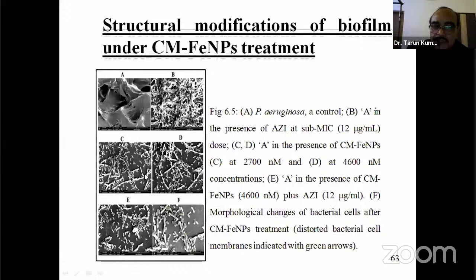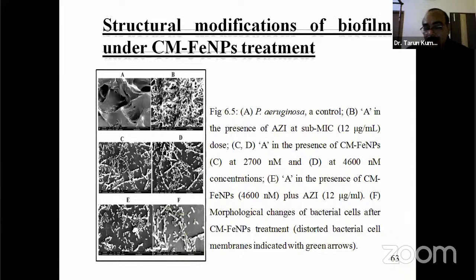Now it exposed the bacteria. And at higher concentration, it is not a very clear picture, but it ruptured the bacterial cell.